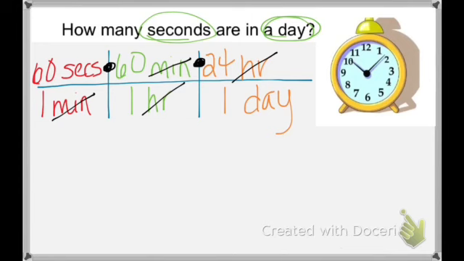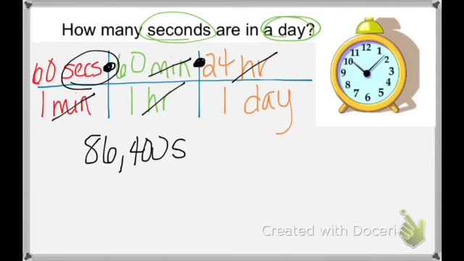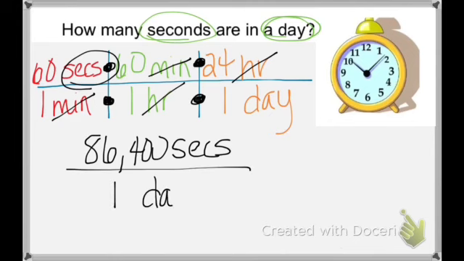Do that real quick. You should get 86,400, and the unit on that is going to be seconds because it is the unit in the numerator. There are 86,400 seconds. Now, these represent multiplication again down here on the bottom, so we're going to say 1 times 1 times 1, which will give us 1 day.